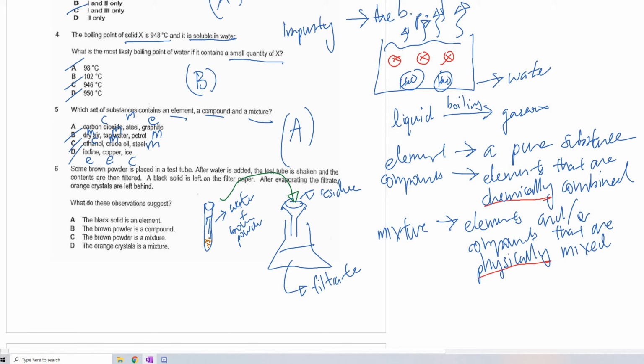Alright, so the test tube is shaken and the contents are filtered. A black solid is left in the filter paper. Alright, so the black solid is the residue. Alright, then in the filtrate there will be water, and after evaporating the filtrate, orange crystals are left behind, so there are orange crystals and water present in the filtrate.